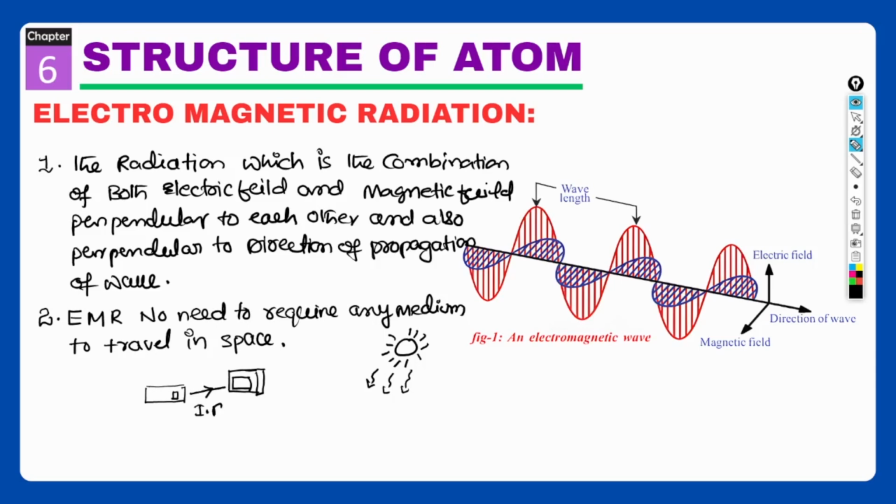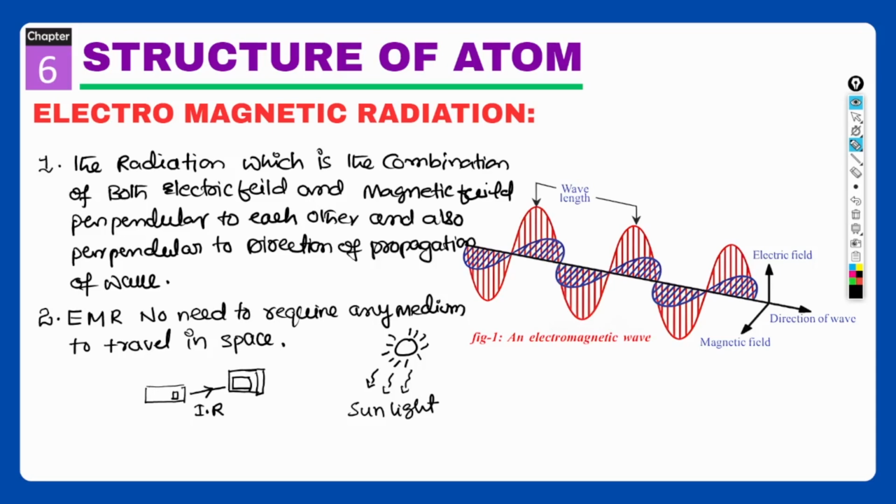IR radiation is one kind of electromagnetic radiation that is released from the remote, and it operates the target. Even sunlight is also one kind of electromagnetic radiation. So these are the radiations that do not require any medium to travel in the space.